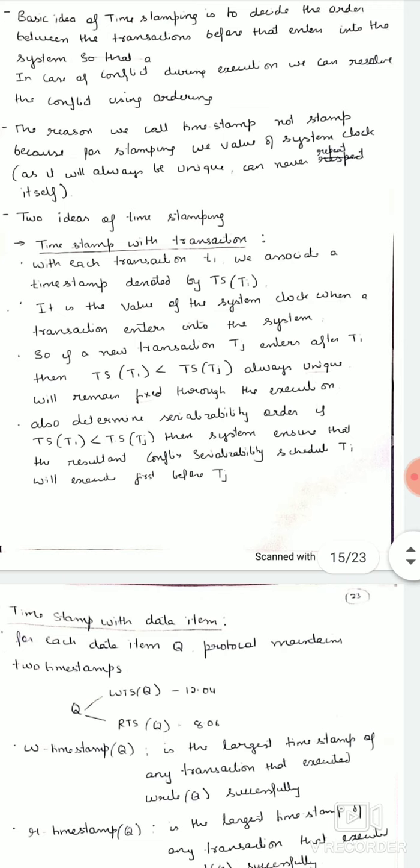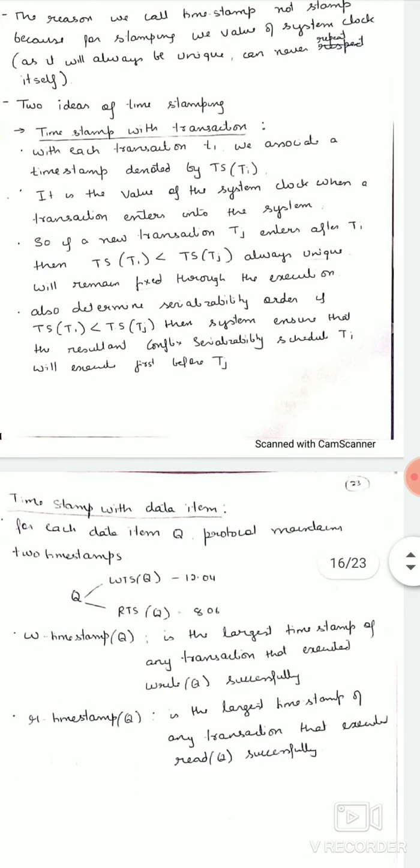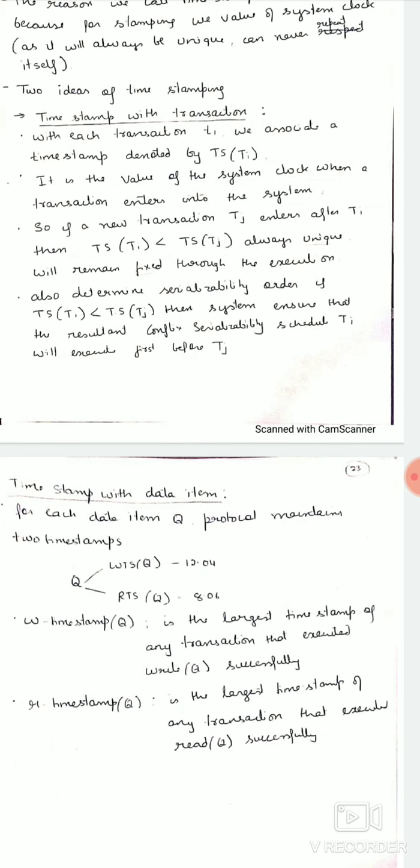The two ideas of timestamping are timestamp with transaction and timestamp with data item. For timestamp with the data item, I have already explained it. For each data item Q, the protocol maintains two timestamps: one is the write timestamp and the other is the read timestamp.